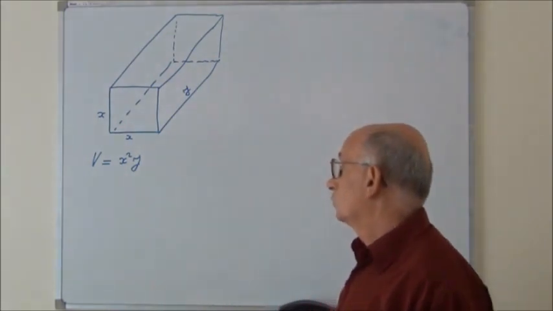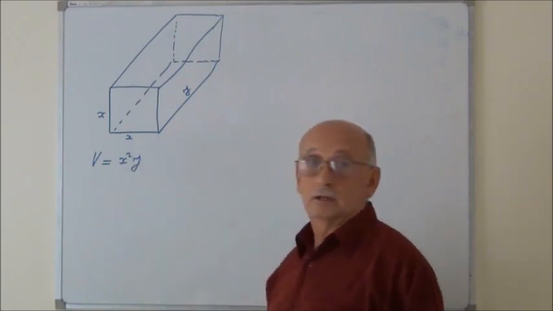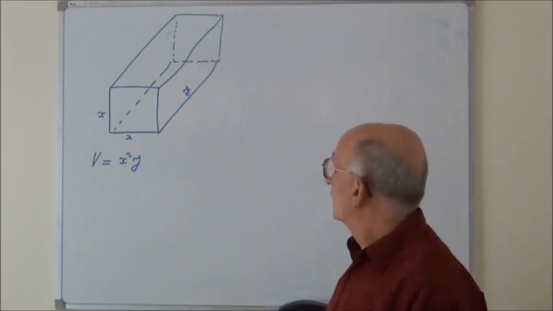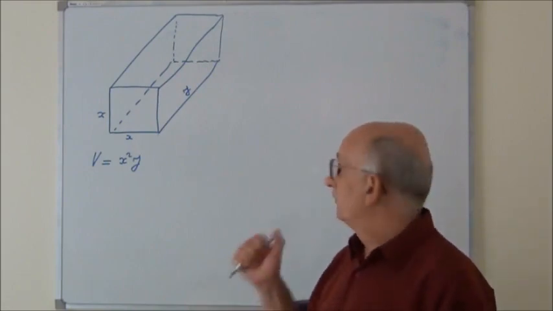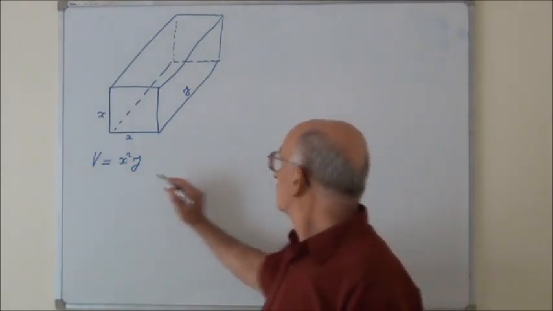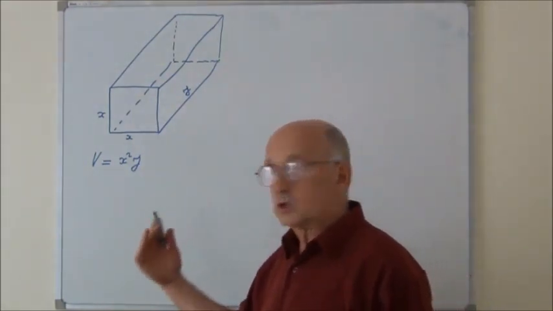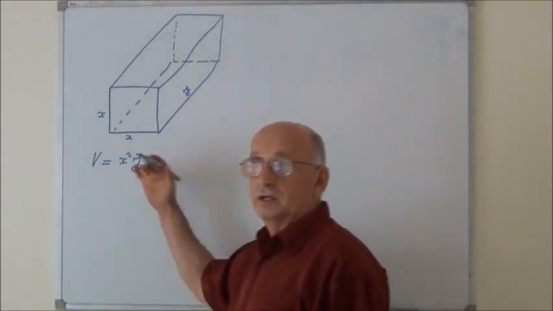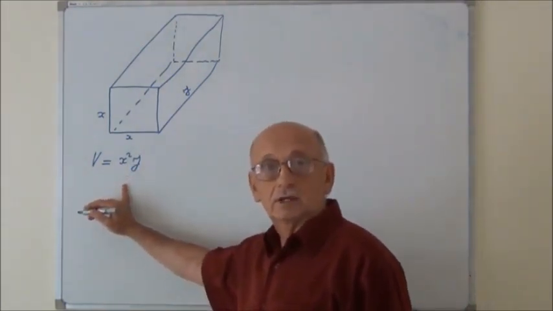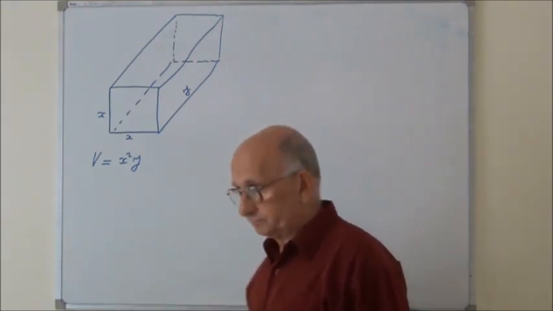Of course, we can't do that because we have x and y, and both of them are changing. Both of them are variables, and that's why we need another equation to give us a relation between x and y, so we can express y in terms of x or x in terms of y, and replace that variable here to get a function with just one variable.